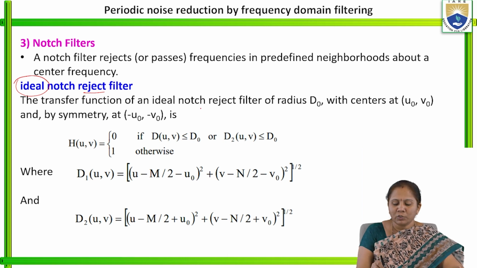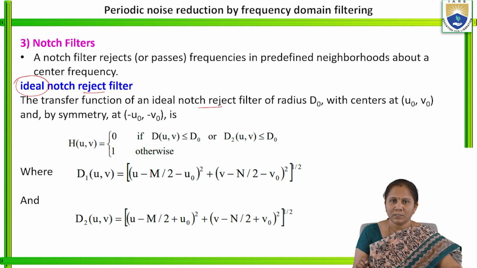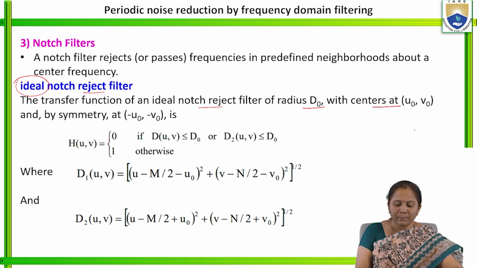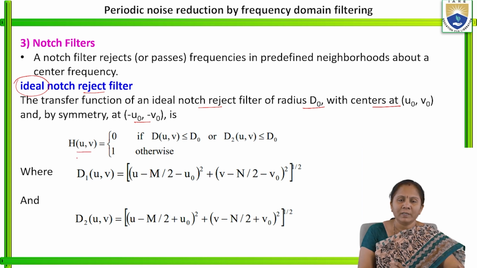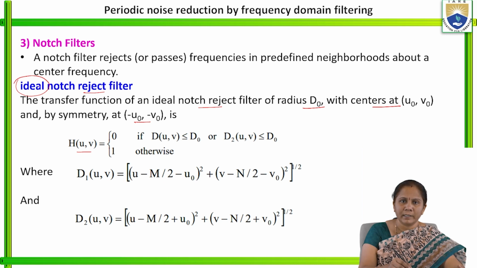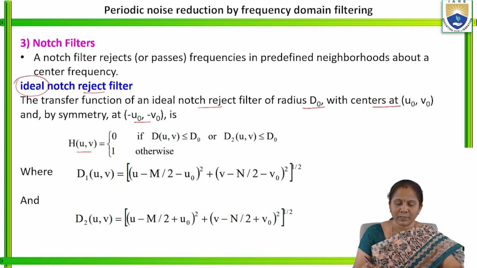The transfer function of an ideal notch reject filter of radius D naught, where D naught represents the radius with the center value of u naught comma v naught, and by symmetry at minus u naught comma minus v naught, is represented as H of u comma v equal to 0 or 1. Why? Because here it is ideal, we will have a sharp transition.